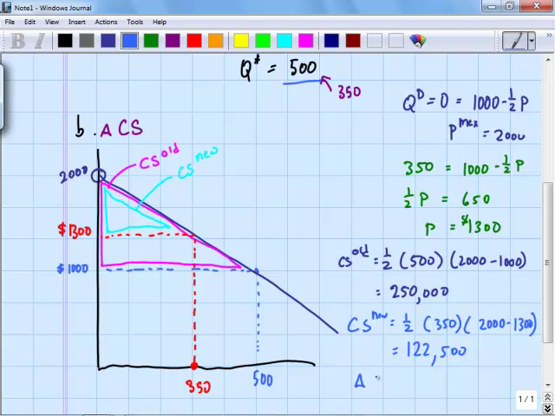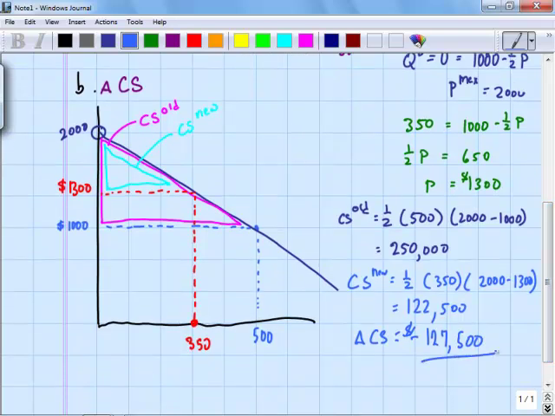So delta CS is going to equal the 250 minus the 122. So they're sadder under the new regime by 127,500. So they'd be willing to spend up to $127,500 to avoid the change in tax.